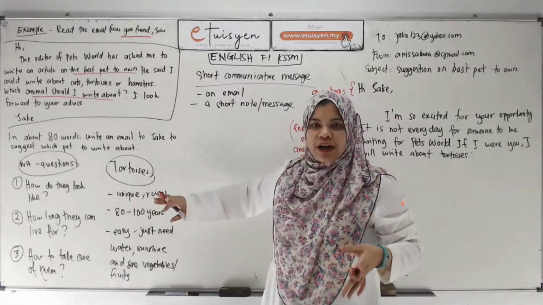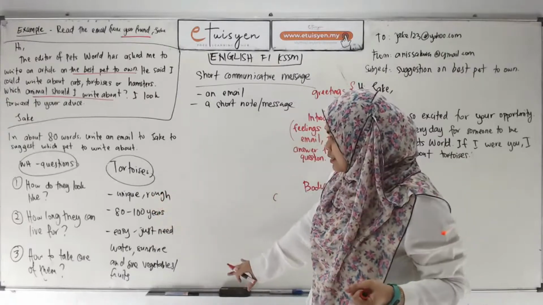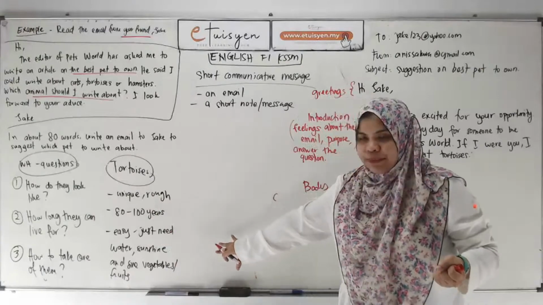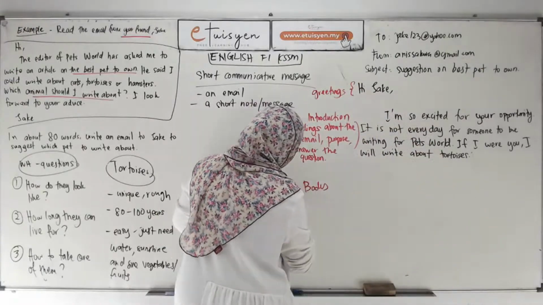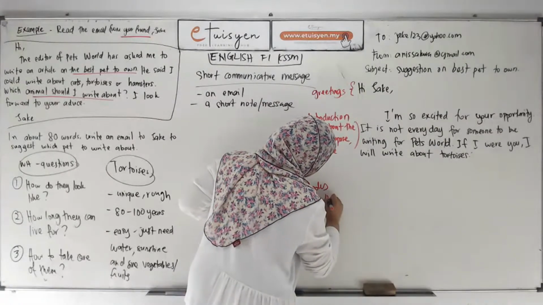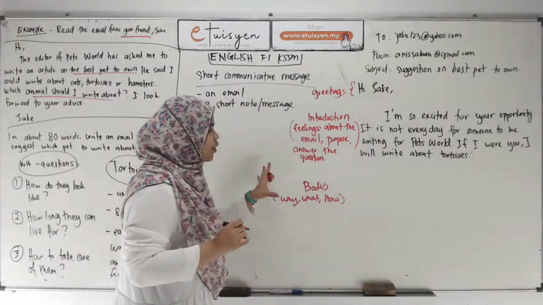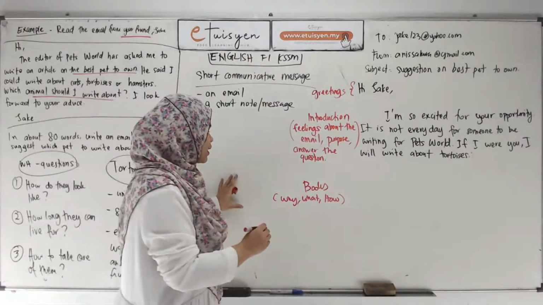They look unique. They are cool. They're rough. They can live 80 to 200 years. Easy to take care of. So this is my point just now. Here, you usually answer the question why, what, how. So the WH question just now, this is where you will put it, in the body.